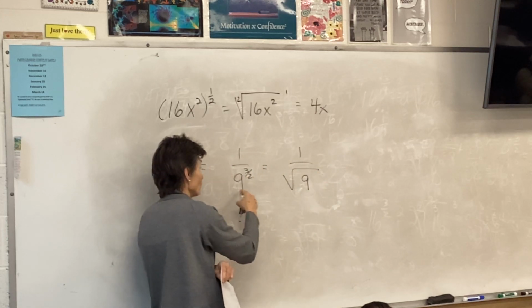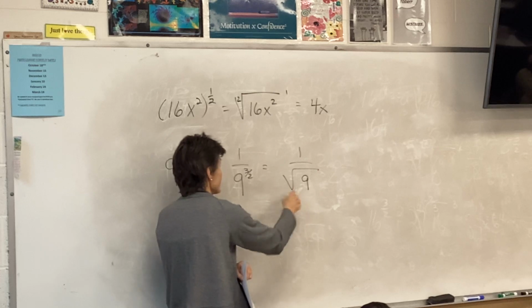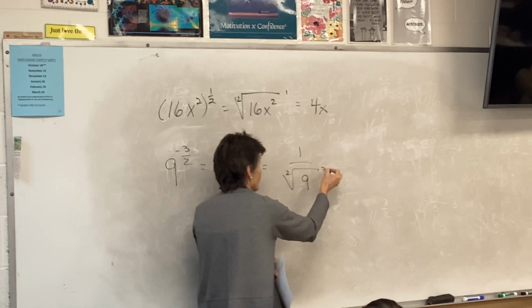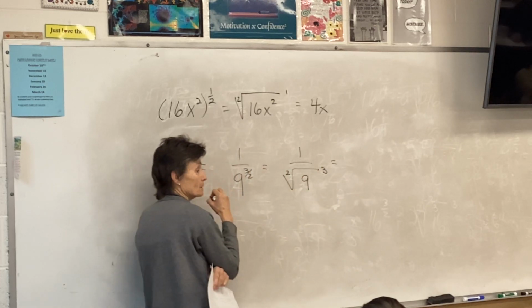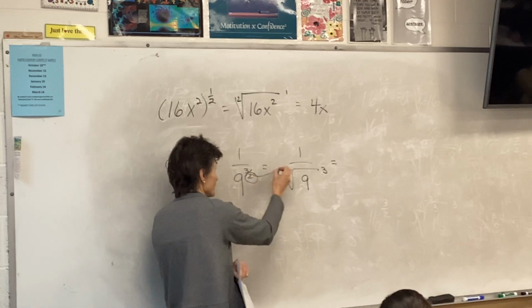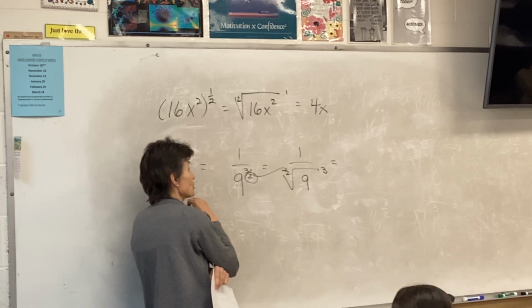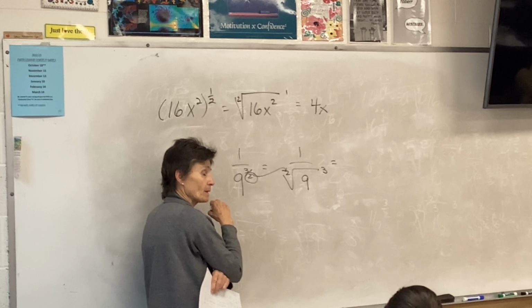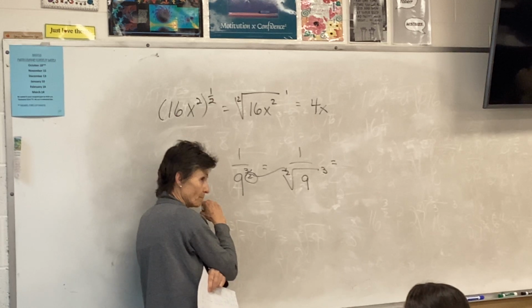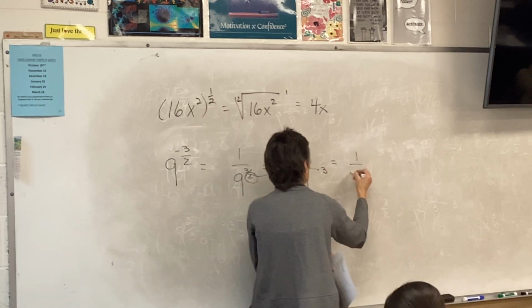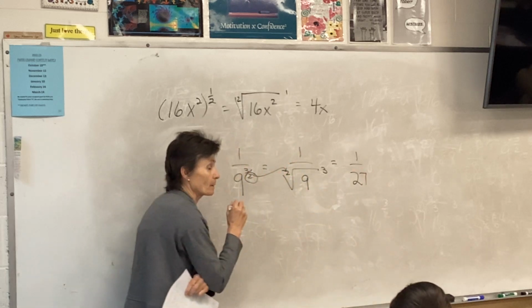So it's 1 over the radical. 9's in the radical, and it's the square root cubed. So what's the square root of 9? Cubed. 27. So 1 over 27.